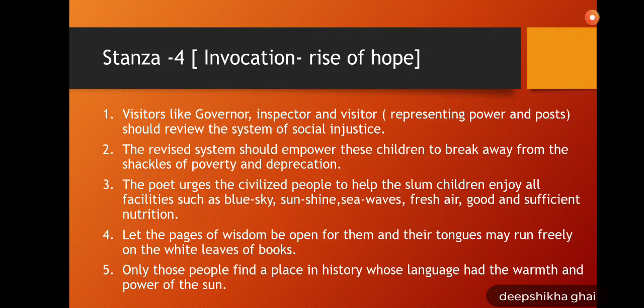In the last, the poet beautifully shows the crux, the center line of the poem. He says that only those people find a place in history whose language had the warmth and power of the sun. My dear children, this line is very important and very deep.